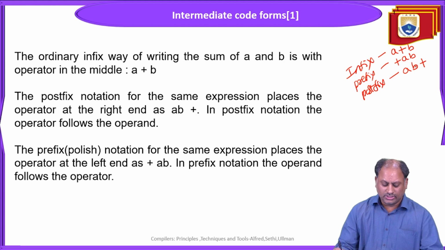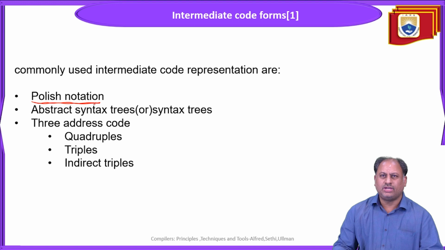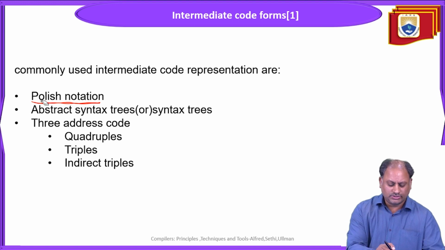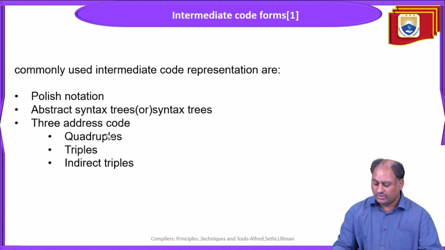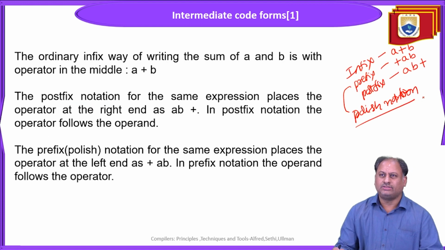The prefix notation is also called Polish notation, which is the notation described in the form of intermediate code. That means the operators appear at the beginning, followed by the operands.